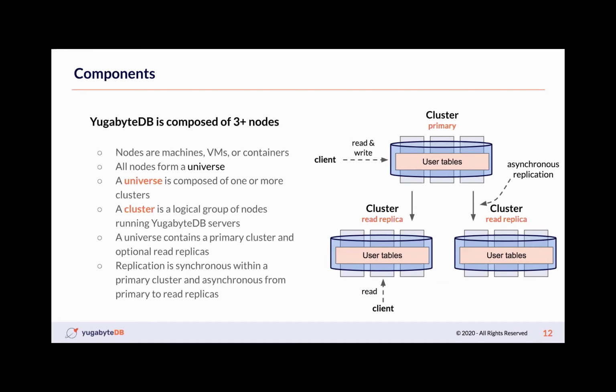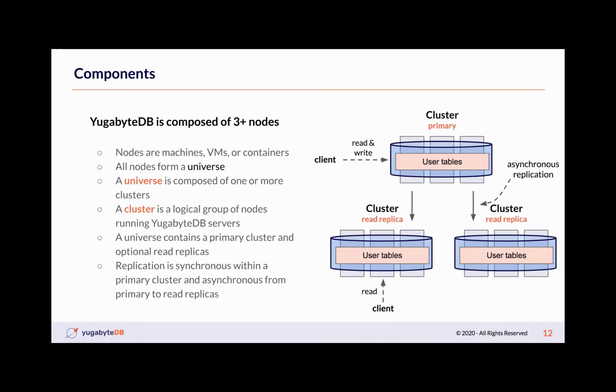Now, your nodes themselves can be VMs, containers, or bare metal machines. It doesn't matter. It's just some compute with storage attached to it and some RAM. All of these nodes together are called a universe. A universe internally can be comprised of one or more logical clusters.